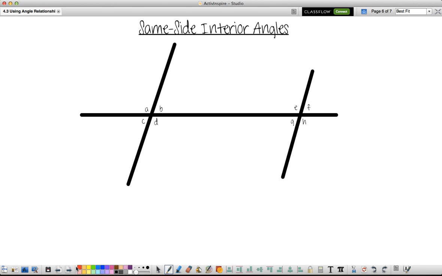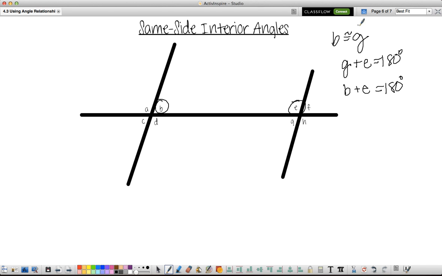So, same side interior. If I'm talking about B and E, this is where it gets a little bit confusing. B and E are not going to be congruent angles, because we already said that alternate interior angles B and G are congruent. I know that G plus E has to give me 180 degrees. Since B is congruent to G, I can say that B plus E has to be 180 degrees as well.